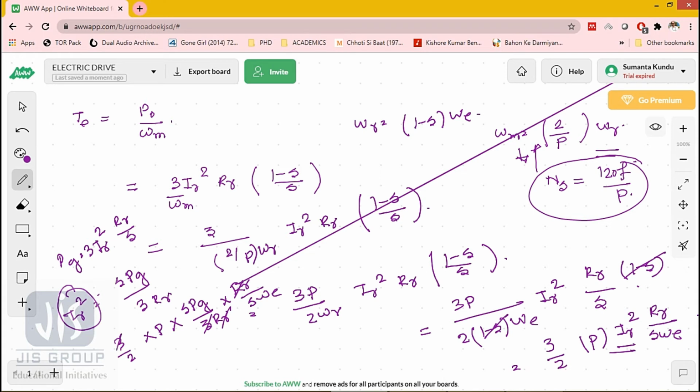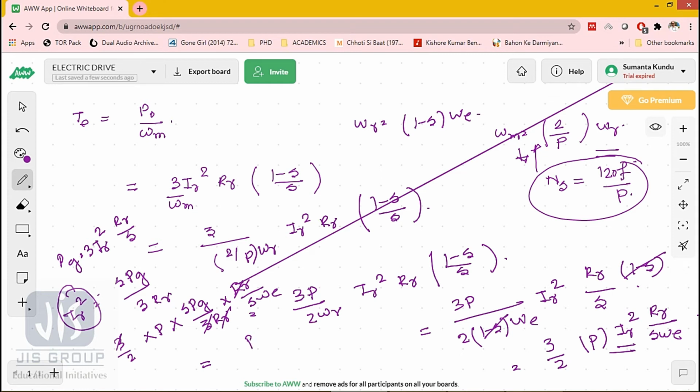So ultimately it will become p by 2 Pg by omega e.